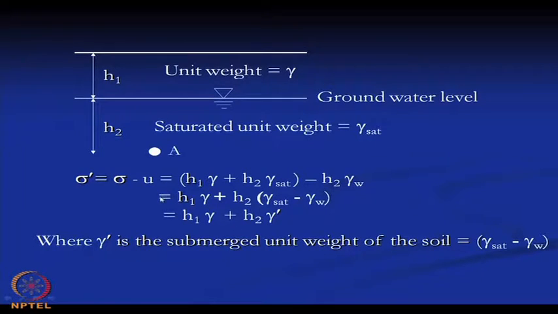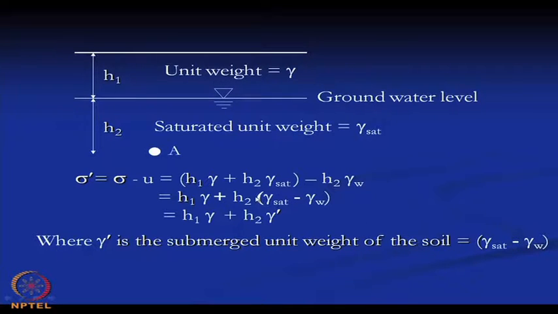Now, here we have H1 into gamma plus H2, and if we take H2 common, this will be gamma sat minus gamma W. So, H1 gamma plus H2 gamma dash. This gamma dash is called the submerged unit weight of the soil, that is equal to gamma sat minus gamma W.